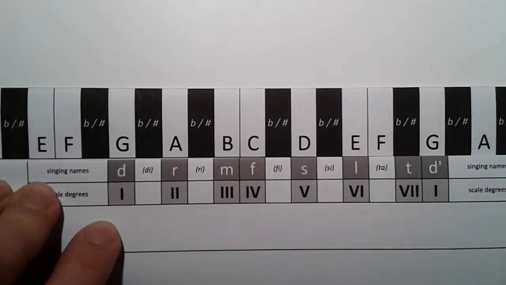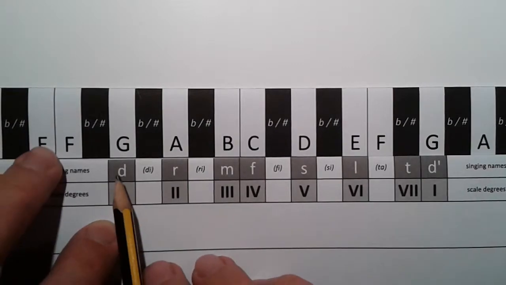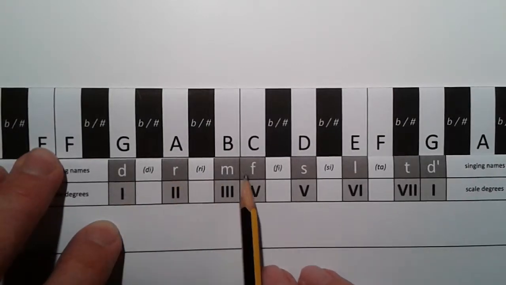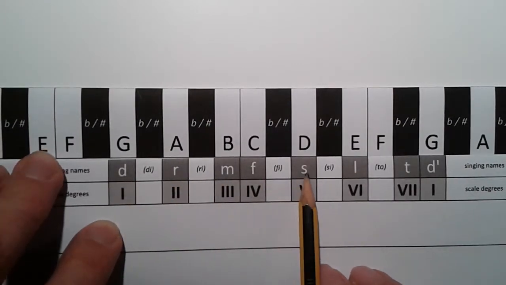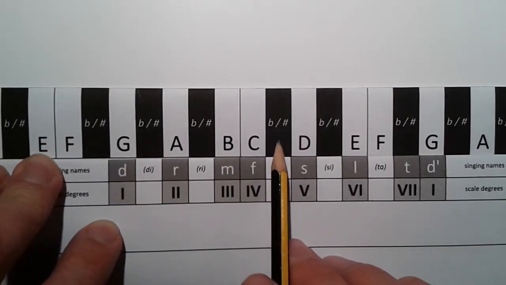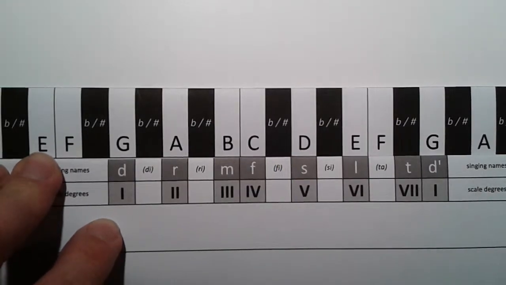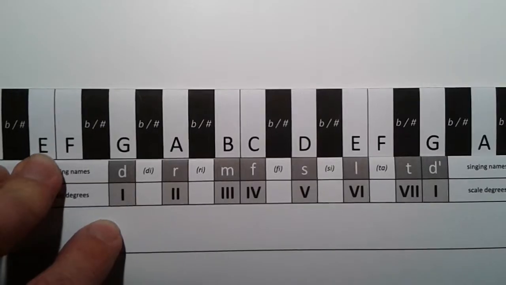So we have do, re, mi, fa, sol, la, ti, do, G, A, B, C, D, E, F sharp, G. Change fa to fi, and we have do, re, mi, fi. So it sounds like ti, do, and you have G, A, B, C sharp, D, which is the new key of D major.